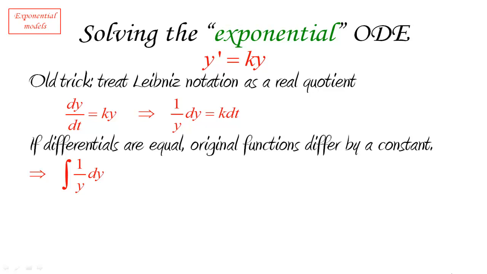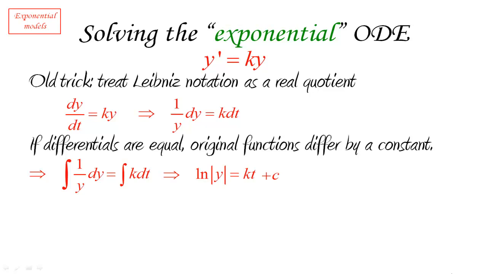On the left hand side, we're looking for the indefinite integral, or the antiderivative, of 1 over y, and on the right hand side we're looking for an antiderivative for k. Well, they're both very easy, and we know that the left hand side gives us the logarithm of the absolute value of y, and the right hand side gives us kt. But remember, now we've integrated, and those two are supposed to differ by a constant, so we need to add that constant. Okay, so far so good.